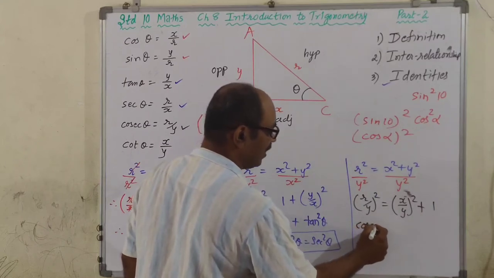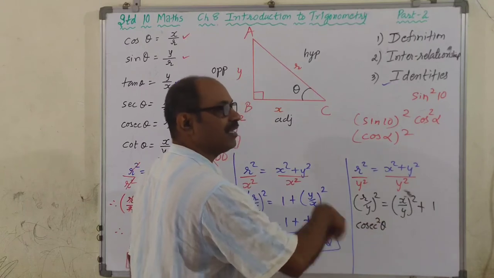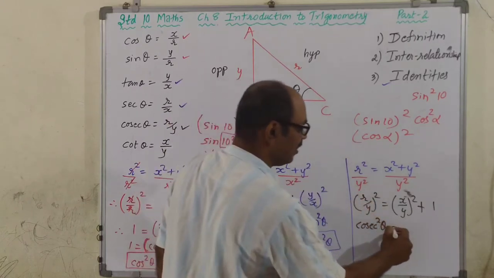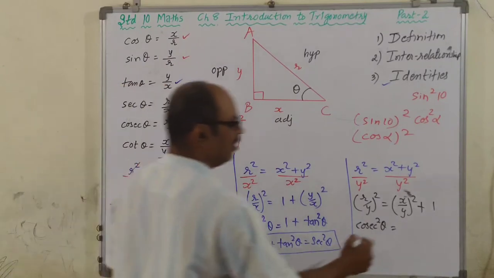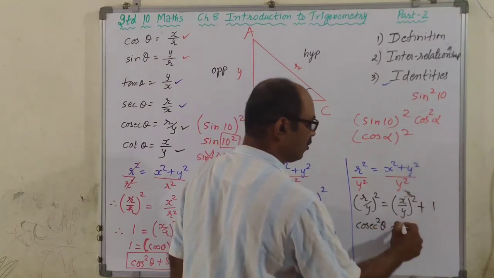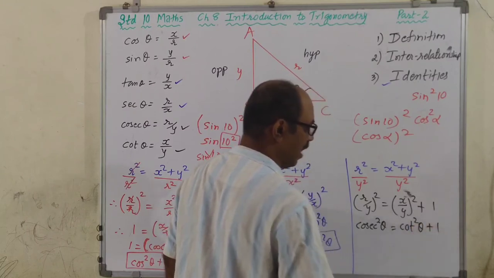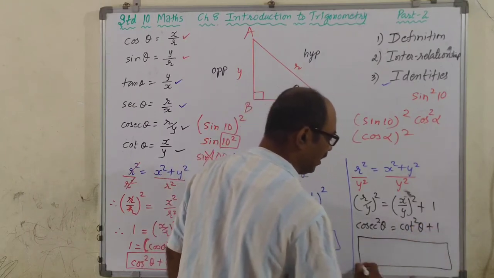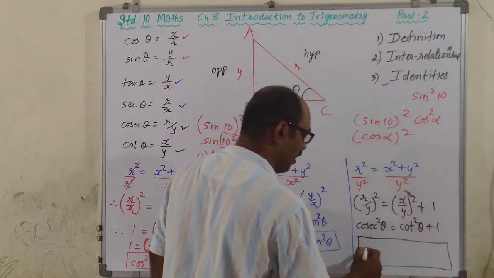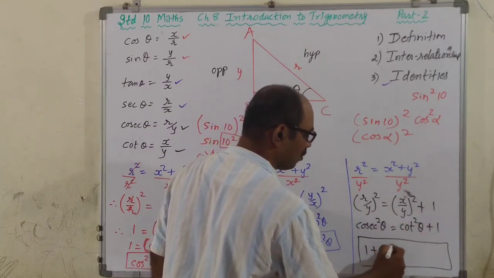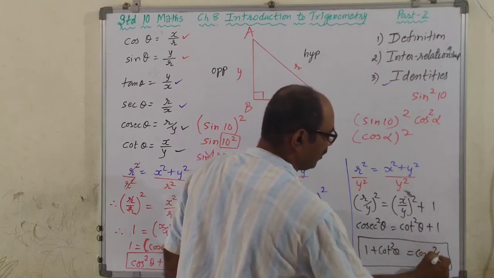For writing convenience, we write cosec square theta, which actually means cosec theta whole square, is equal to x upon y, here it is cot theta whole square. For convenience, we write cot square theta plus 1. Writing the right hand side on the left hand side, plus 1 first, plus cot square theta is equal to cosec square theta.